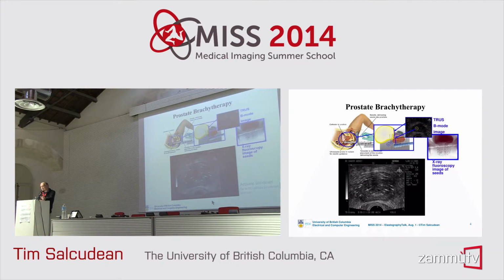Now, there are a lot of procedures in which tissue deformation can affect accuracy. Here, for example, is what a radiation oncologist sees when they insert a needle into the prostate in order to drop radioactive seeds as part of an alternative treatment for prostate cancer.